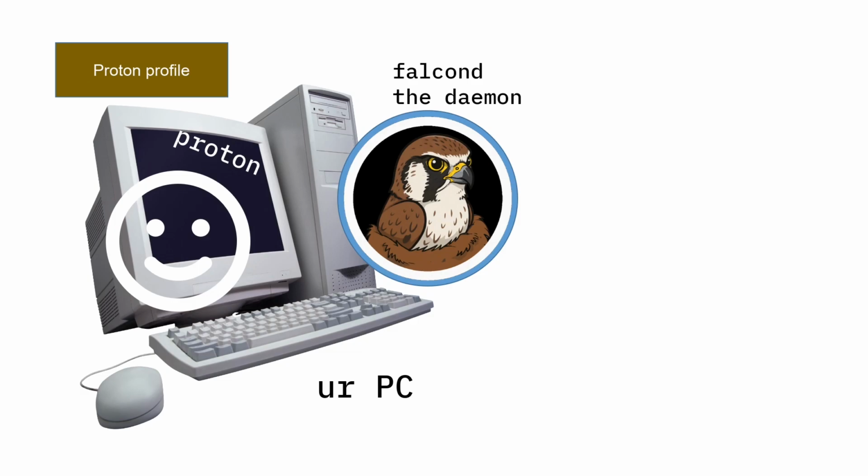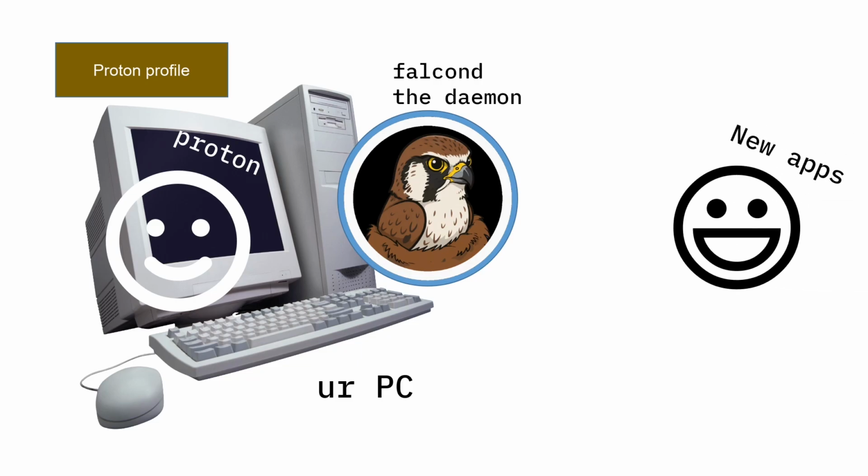But what if you already have Proton running like this, and then you have a new app gonna run on your system, but falcond did not recognize this app in the database, so it will not change the profile.